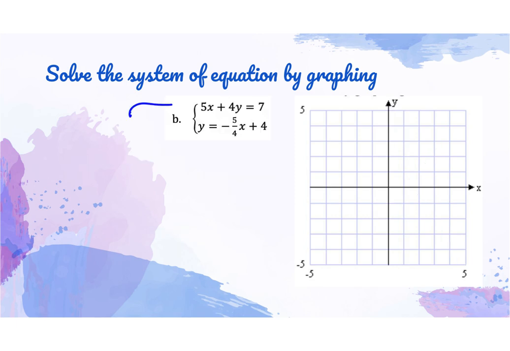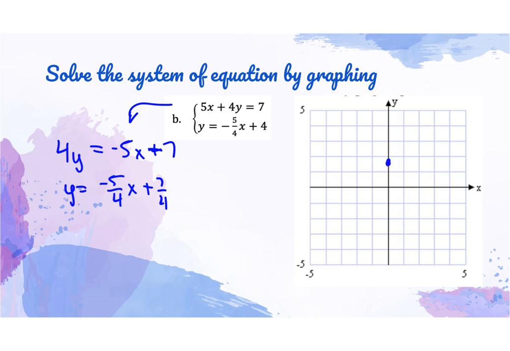So for this one, if this becomes 4y equals negative 5x plus 7. Sorry, I got there eventually. So then y equals negative 5/4 x plus 7/4. So 7/4 is going to be not quite 2.